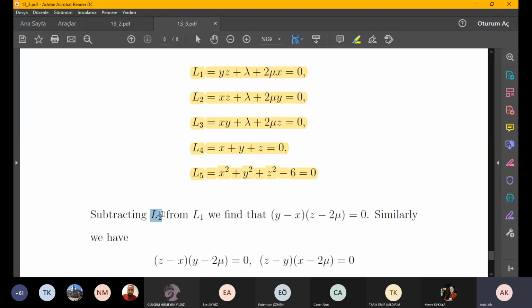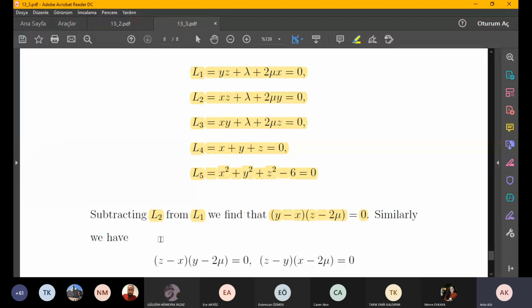By subtracting L2 from equation L1 here, we can find (y minus x) times (z minus 2 mu) equals 0.